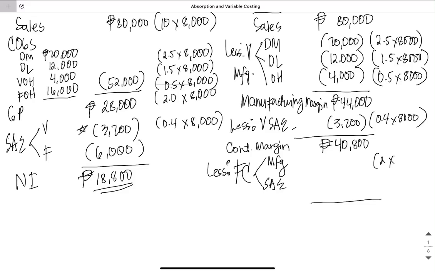It should be 2 times the number of units produced, so 10,000. So 2 times 10,000 is 20,000. And then for selling and admin expense, the given total is 6,000. Let's compute the net income again.